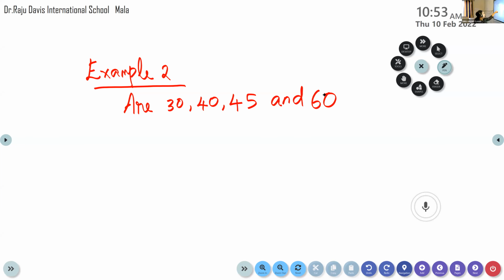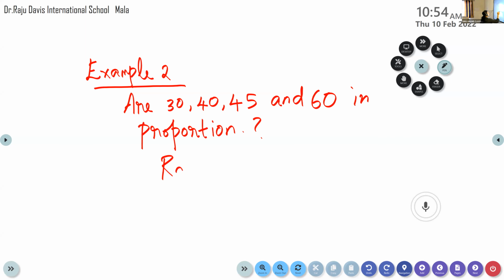Understood? Example 6. Here, which are the numbers? Are 30, 40, 45 and 60 in proportion? This is the question. So first what we have?